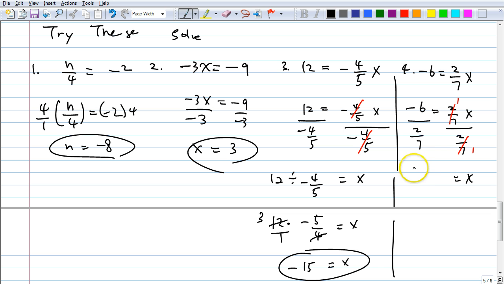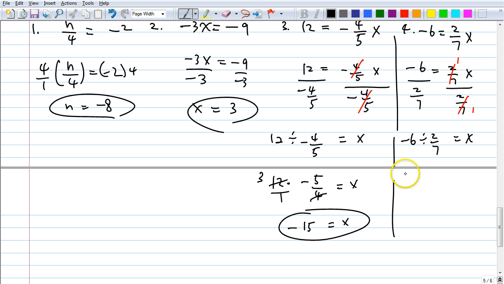What is negative 6 over 2 over 7? It's negative 6 divided by 2 over 7. How do we divide by a number? Negative 6 times the reciprocal of that number, equals x. And negative 6 is really negative 6 over 1, isn't that right? Does 2 go into negative 6, Natalia?